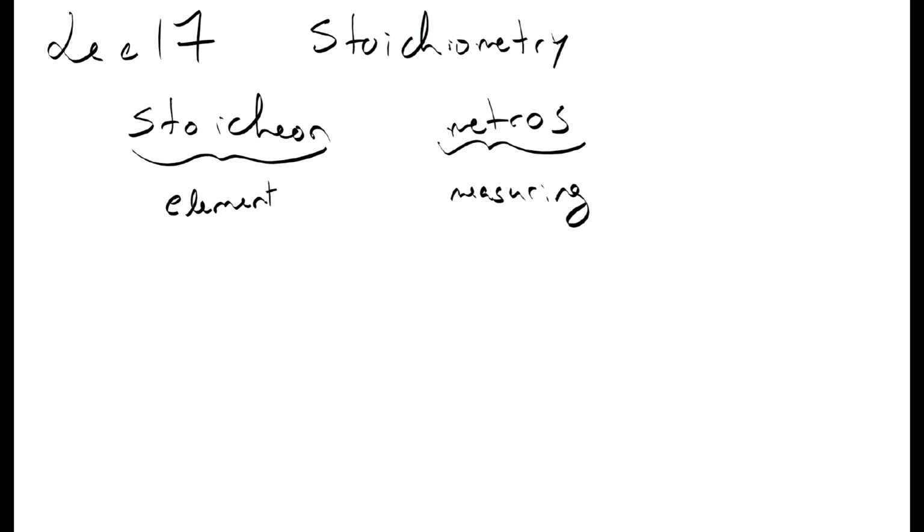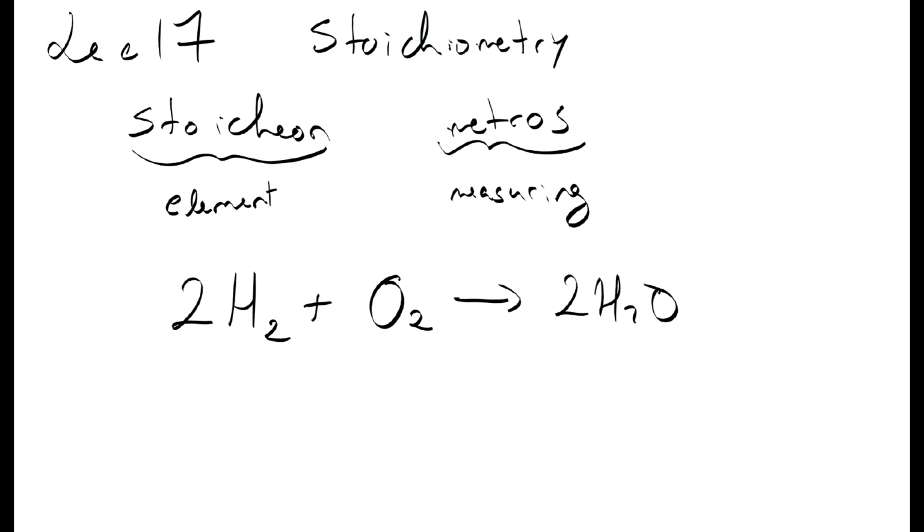Okay. Now this has to do with relating the different parts of a chemical reaction together. So looking at hydrogen plus oxygen makes water, we're relating the reactants to each other. We're also relating the products to each other and the reactants to the products. We're relating every piece with every other piece. Okay?